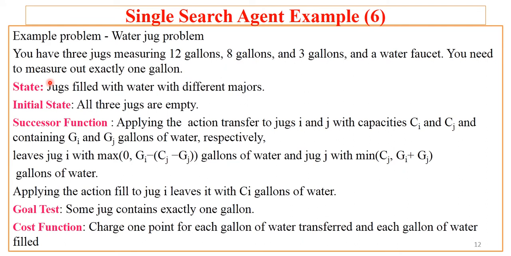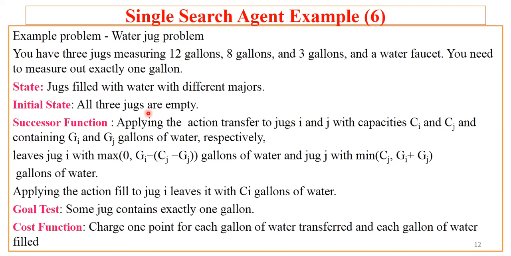Here the states are like jugs filled with water with different measures. You can either fill the 8 gallons water jug or the 12 gallons water jug or the 3 gallons water jug. Now using any of these, you have to measure exactly 1 gallon of water. Now initial state, all 3 jugs are empty. Successor function is that you can transfer water from jug I to jug J with capacities Ci, Cj and containing Gi and Gj gallons.